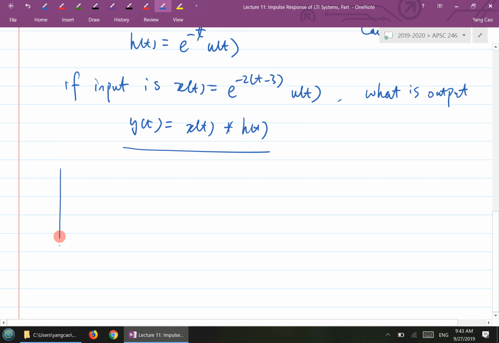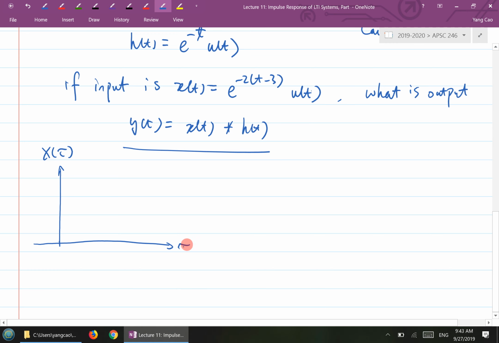Graphical approach meaning we will graph x of tau. This is x of tau, the current input. If you recall, in the first lecture I specifically mentioned you need to be able to sketch very basic functions. One of them is this kind of exponential function. Sketching a function means sometimes you need to pick a special point to give you an indication of how the function behaves in the coordinate system.